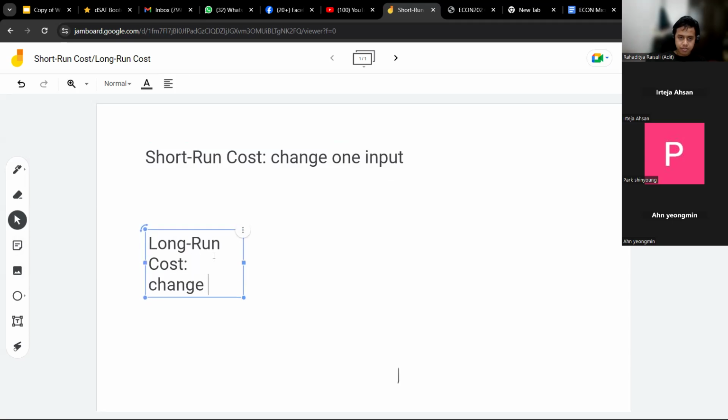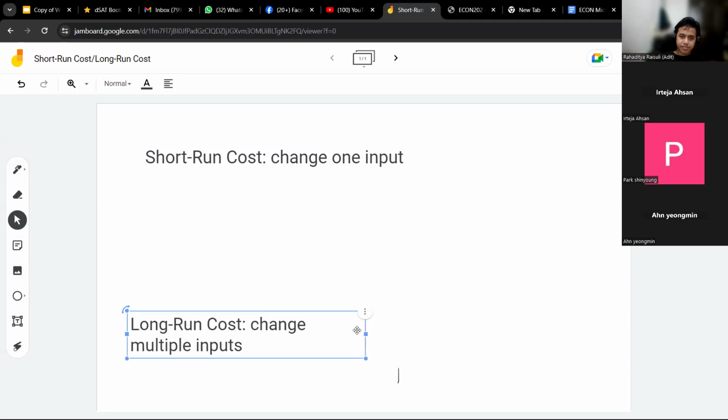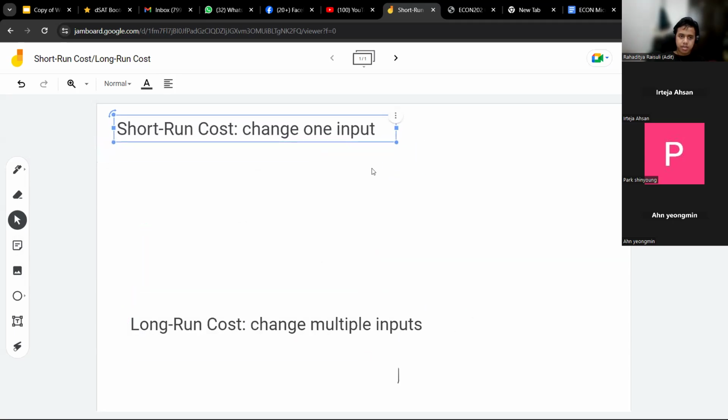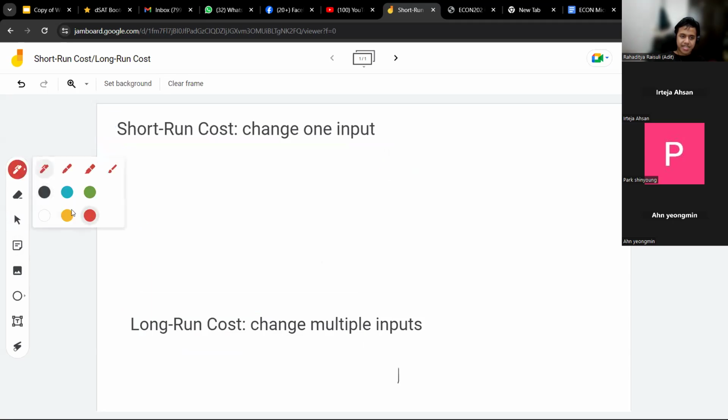So short run cost would be something like, let's say we take a McDonald's as an example here. If we want to talk about changing the input, for example, the number of employees in this McDonald's, say at first we start with one, then maybe I increase it to four.